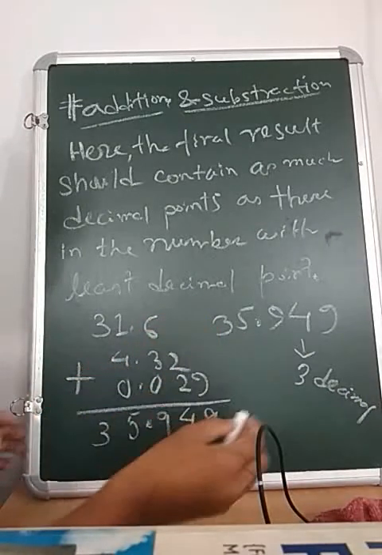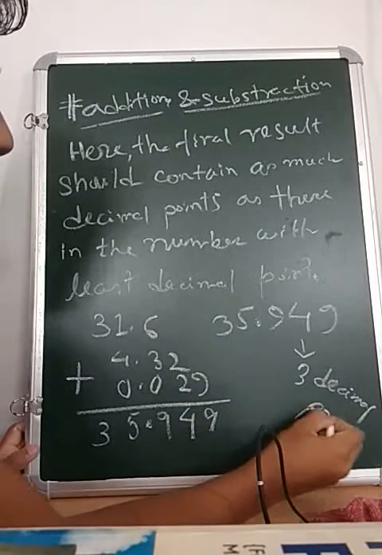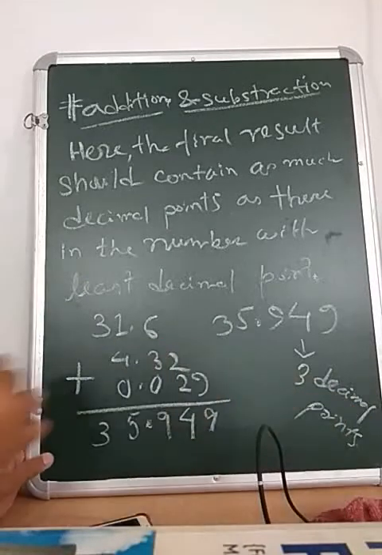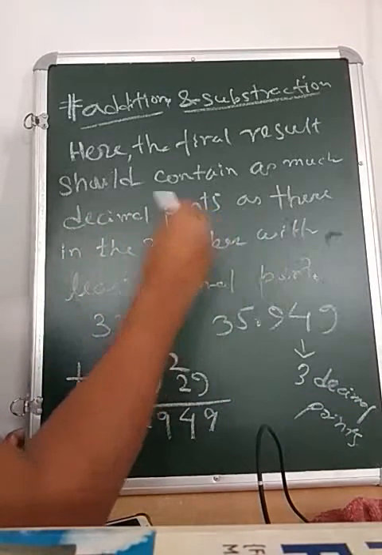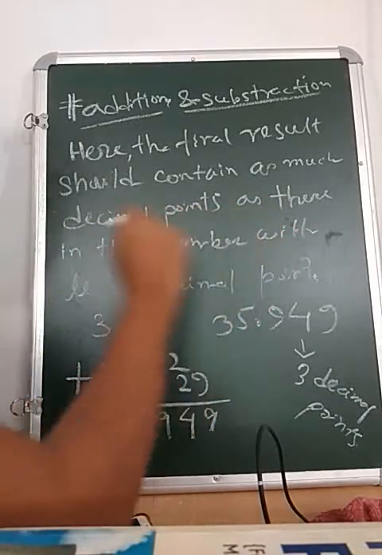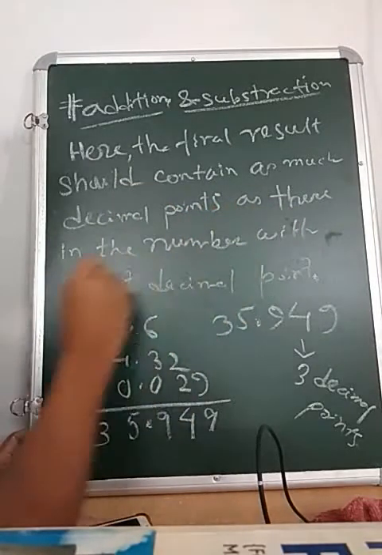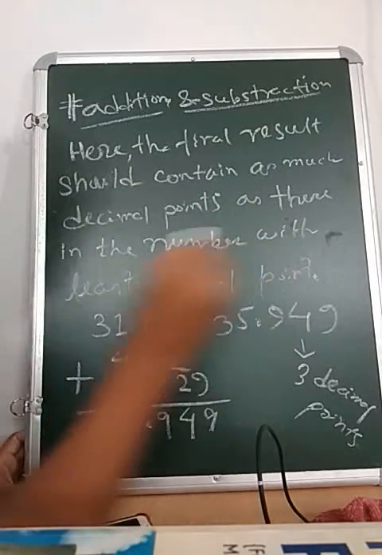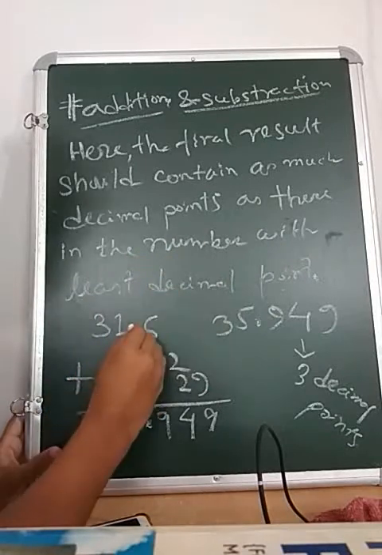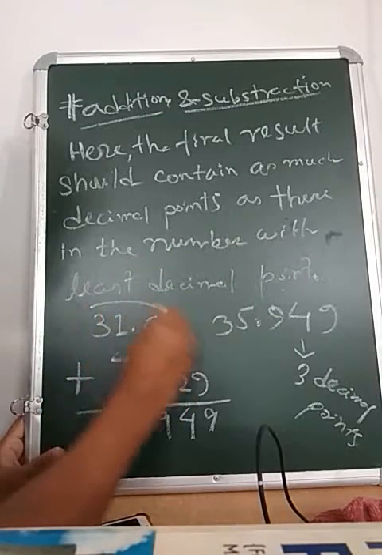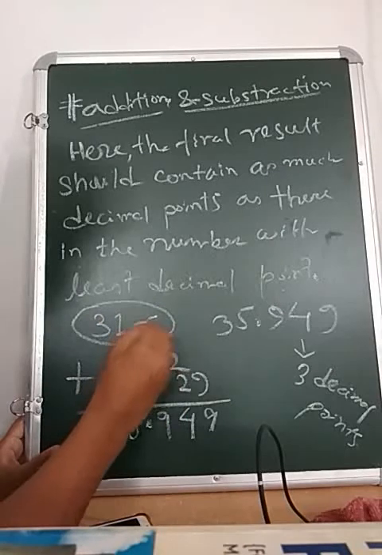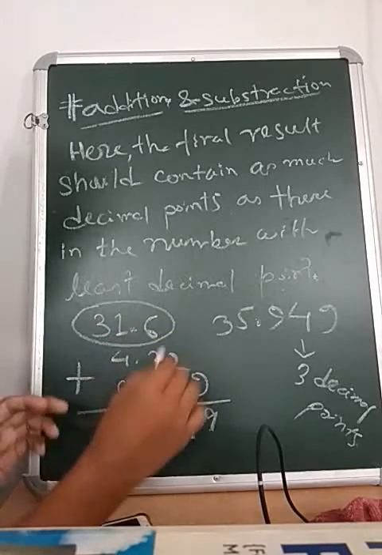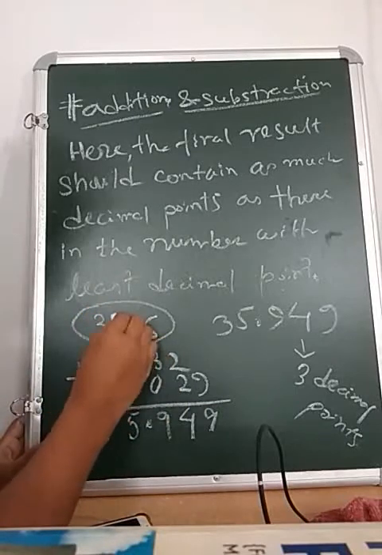But the rule says the final result should contain as many decimal points as there are in the number with the least decimal points. So which number has the least decimal points? 31.6 has 1 decimal, while the others have 2 and 3.